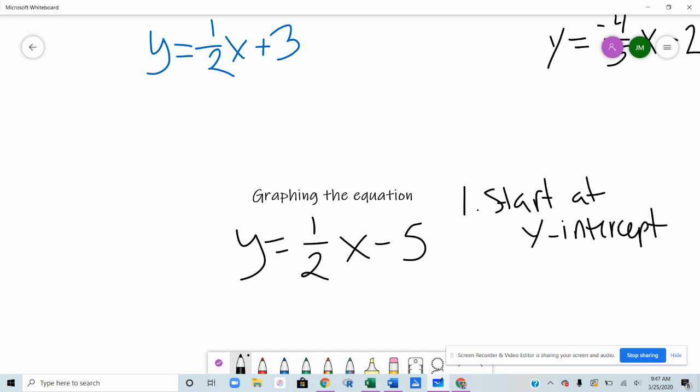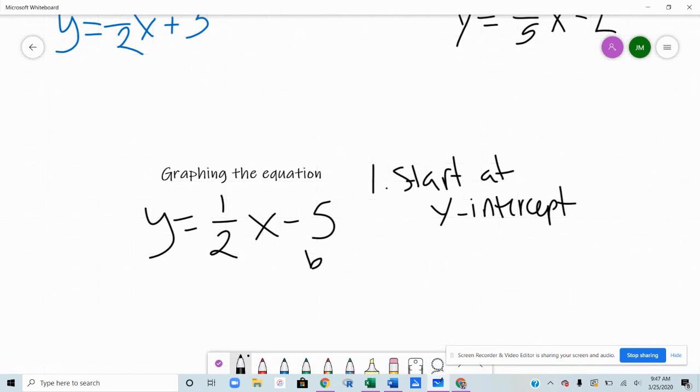That's step number 1. So your y-intercept is -5. So on your graph, you would graph -5 on the y-axis.